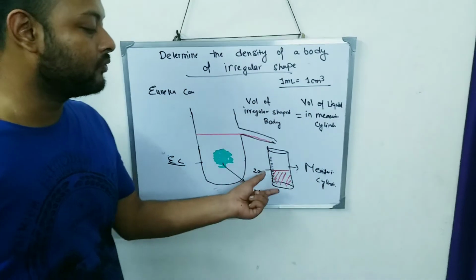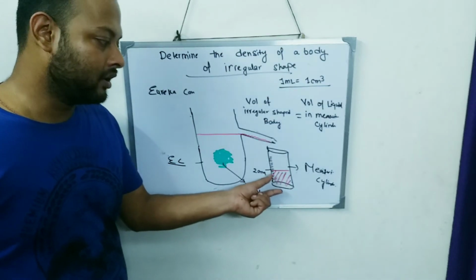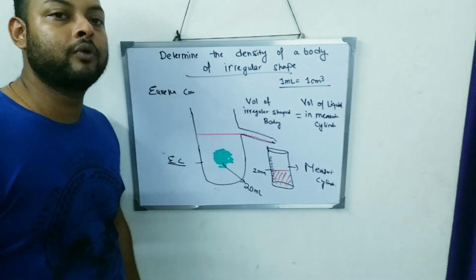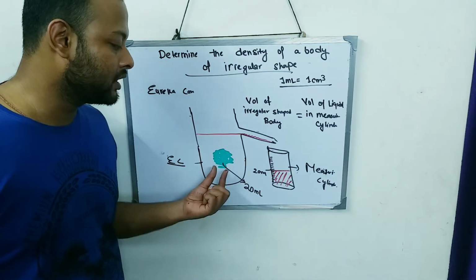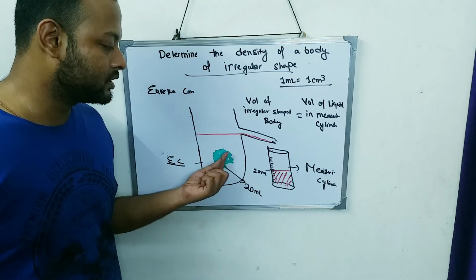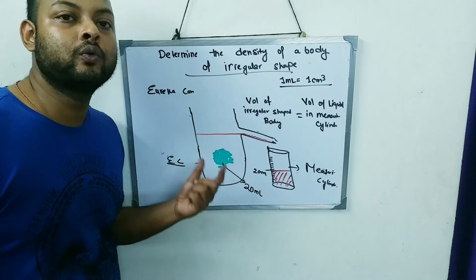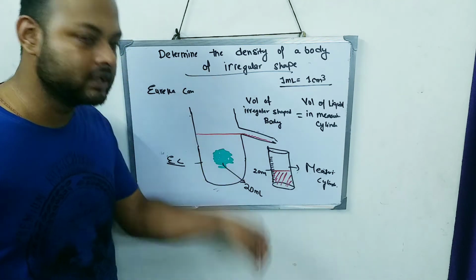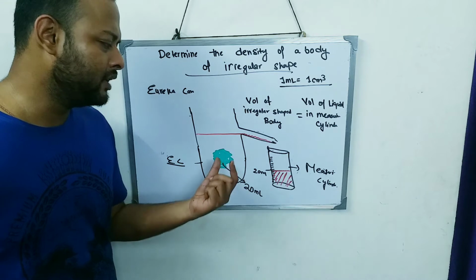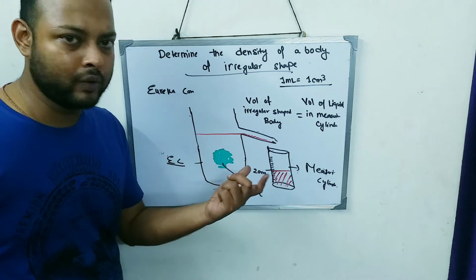The volume of the water is equal to the volume of the irregular shaped body, because it is pretty much understood that this body requires space. Any matter has space and requires space.